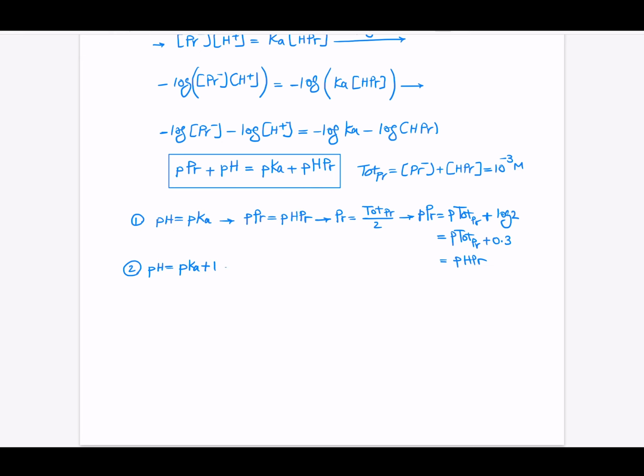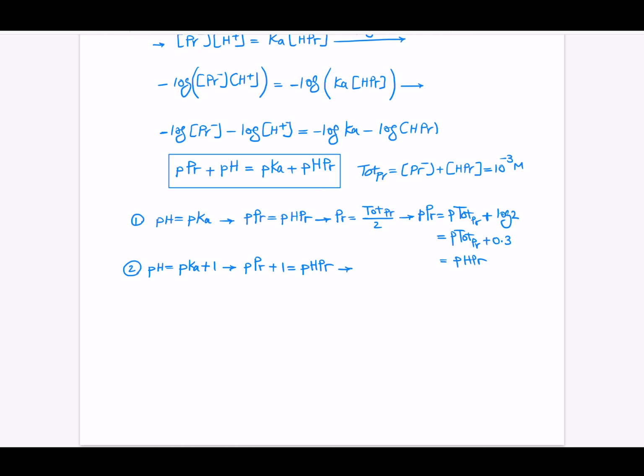So then this would be basically pPR plus 1 equal to pHPR, or this means PR divided by HPR would be 10 to the power of 1, 10.